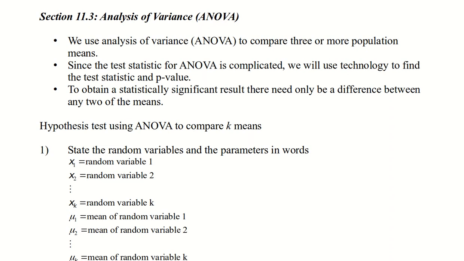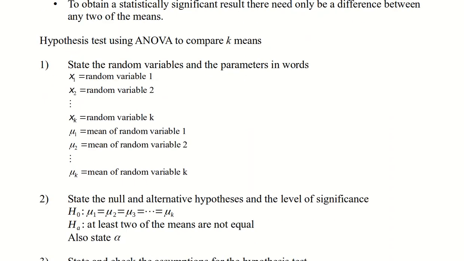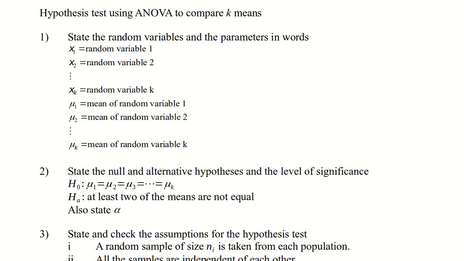Our goal is to answer the question whether there is a statistically significant result that tells us there's a difference between any two of the means. So in an ANOVA test, our hypothesis test is comparing k means. So in addition to k mu's, we also have k random variable x's.